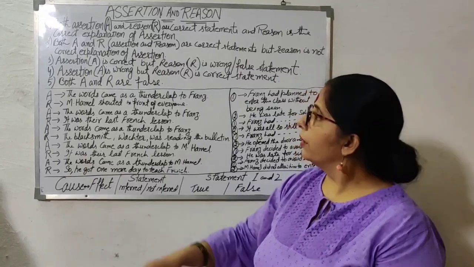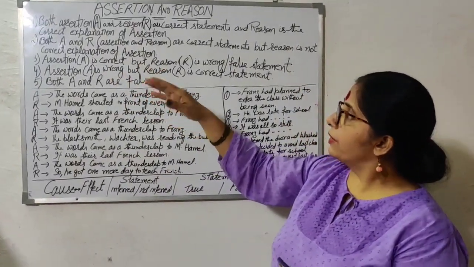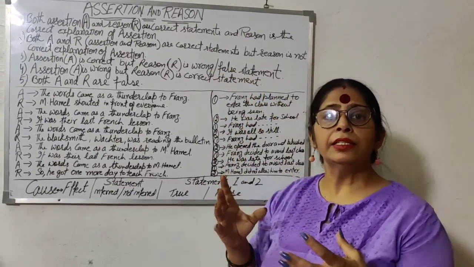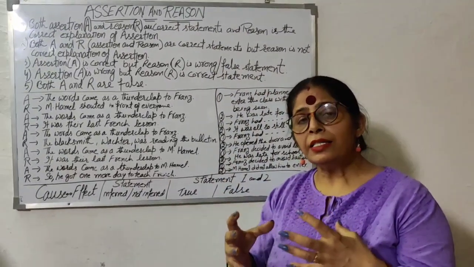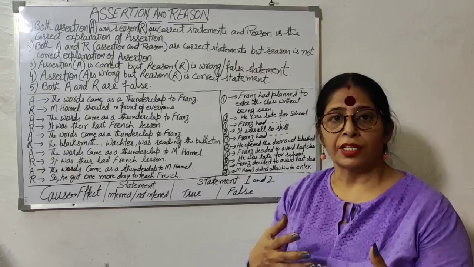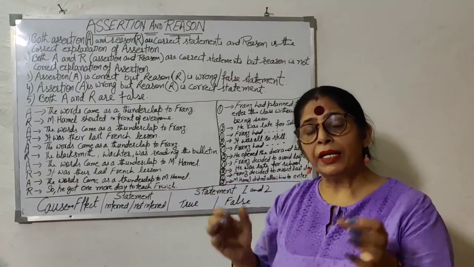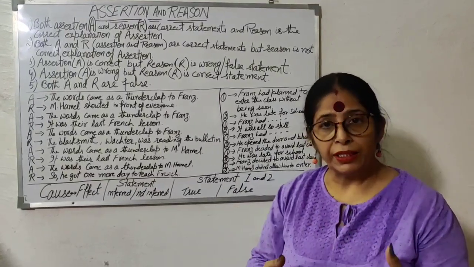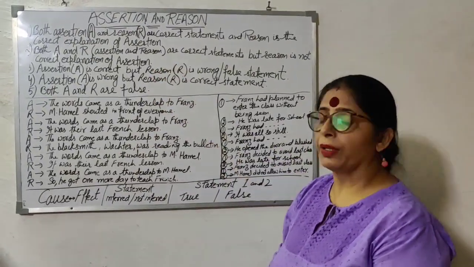Second option could be both A and R are correct statements, but reason is not the right explanation of the assertion statement. They are independently correct, but reason is not the right explanation of assertion.